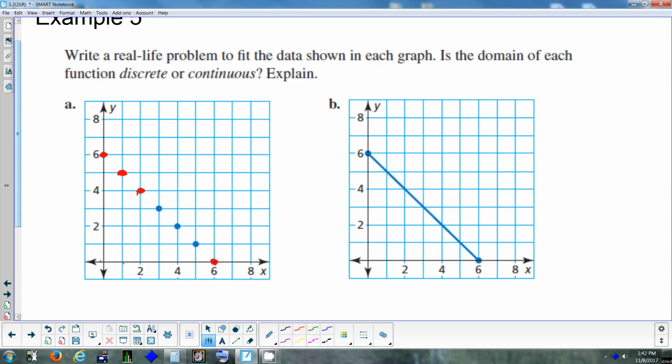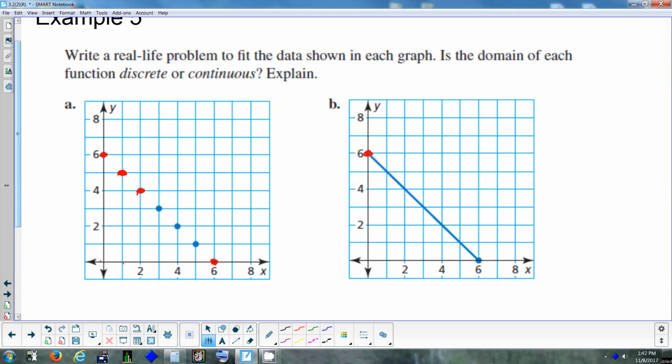How about continuous? Okay, let's think of ice cream. What if you had, let's say it's a restaurant, and they had 6 gallons of ice cream. If they don't serve any ice cream that night, how much ice cream is left? 6 gallons.